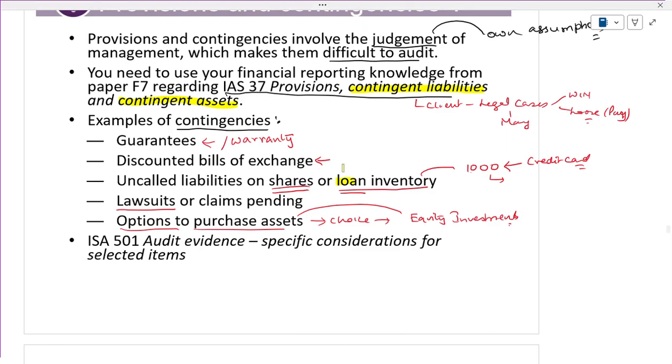Uncalled liabilities, or we can put it as loan inventory.